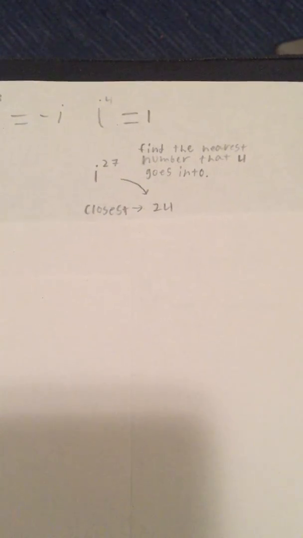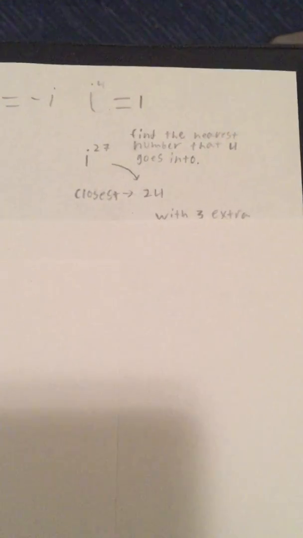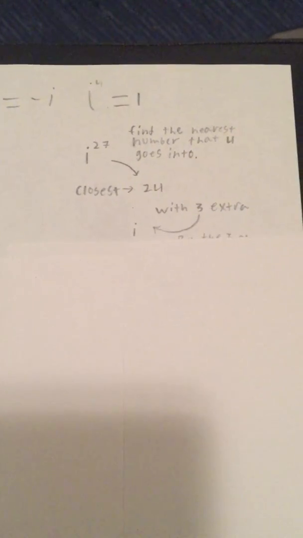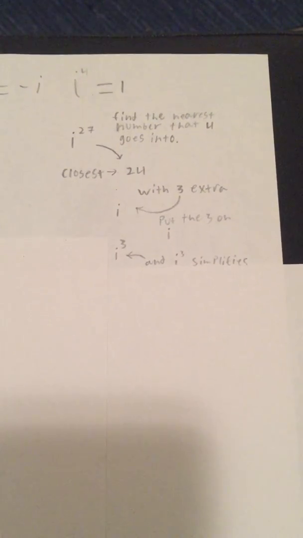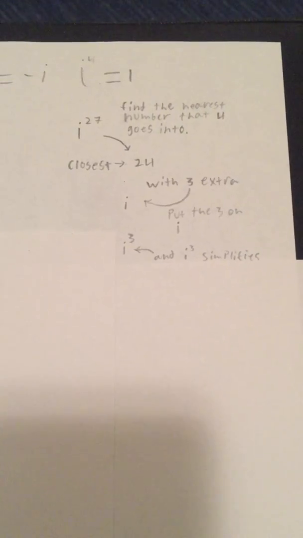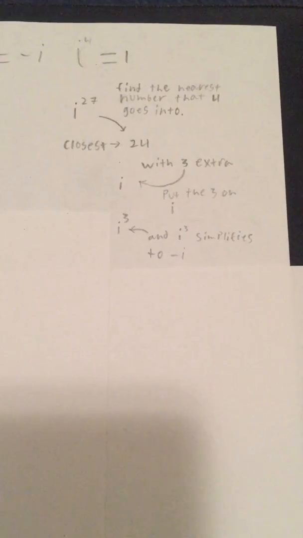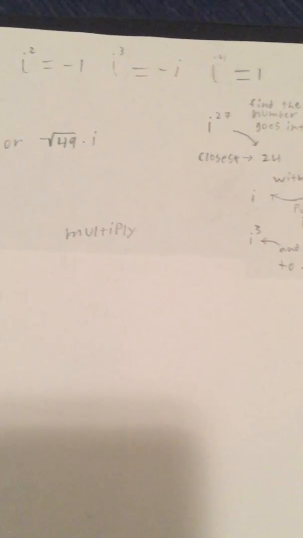The closest number to 27 that is divisible by 4 is 24. We would have a remainder of 3, so we attach this to i, and this comes out to be i cubed. i cubed, of course, simplifies into negative i. Negative i would be our answer in this situation.